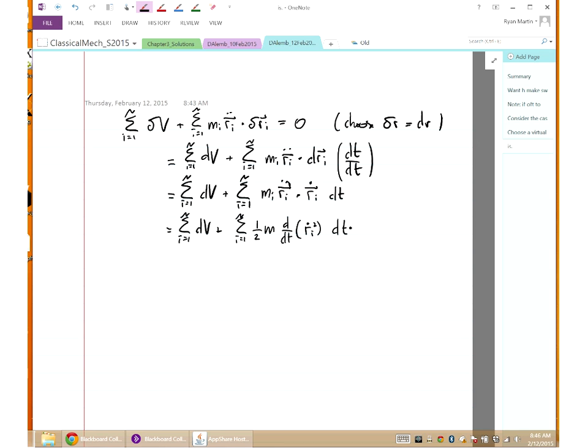If I do the chain rule to ri dot times ri dot, I'm going to have a term that's ri double dot times ri dot plus ri dot times ri double dot. I'm going to have two terms that are the same, and they're both ri double dot times ri dot.